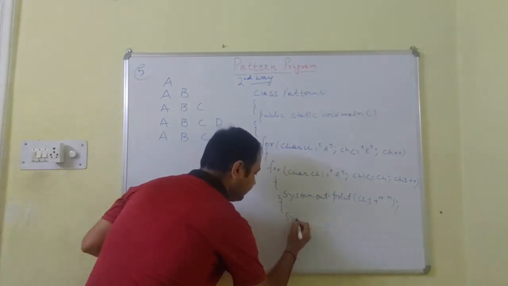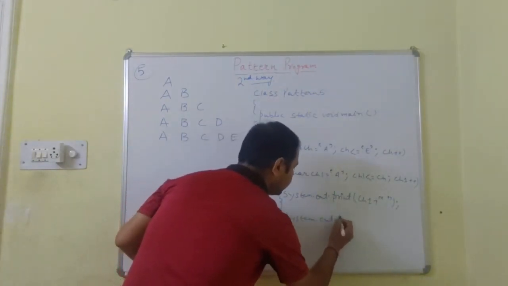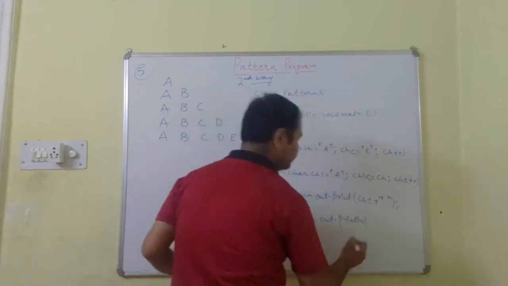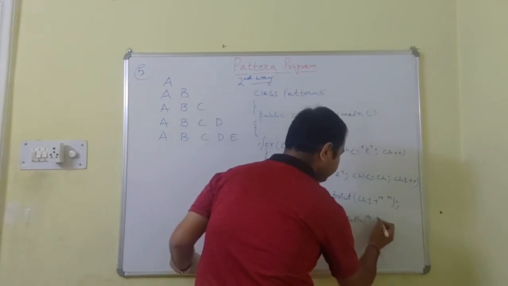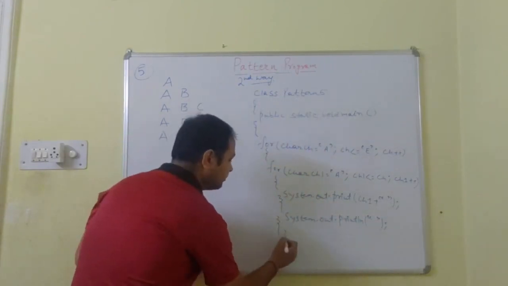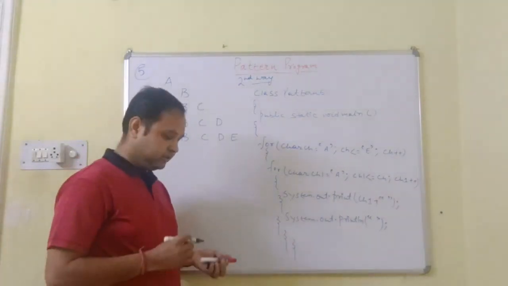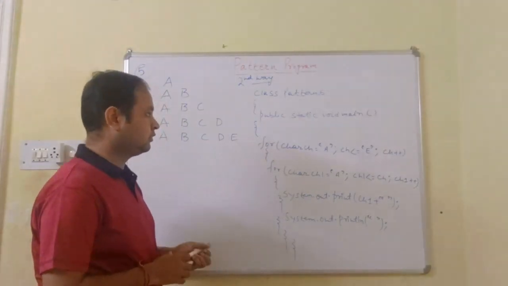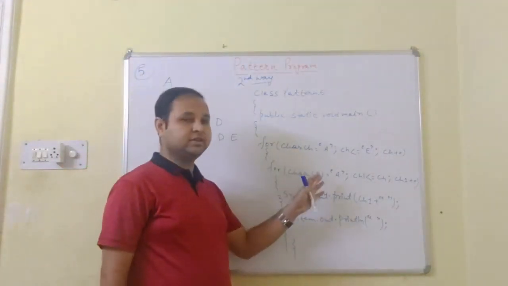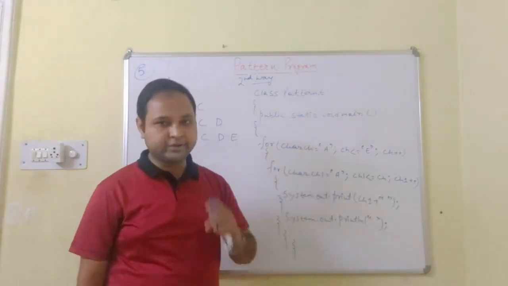We write System.out.println, close the inner loop, close the outer loop, close the main method, close the class. So here we have initialized the values ch and ch1. This ch and ch1 are the loop variables over here and both are of character type.